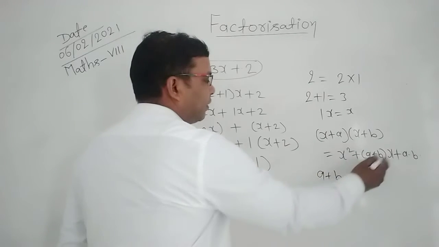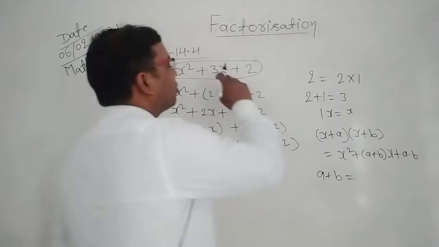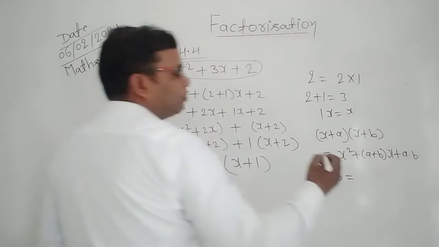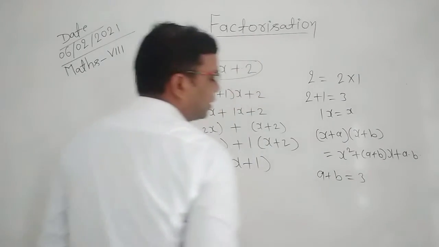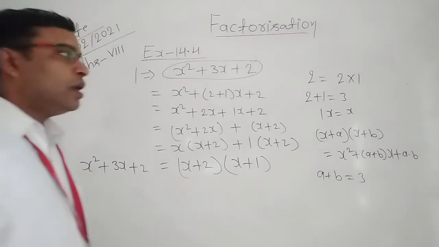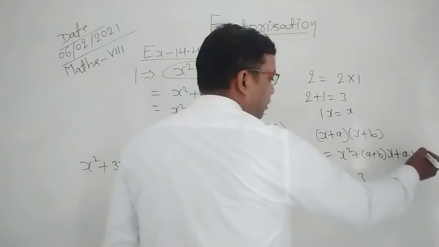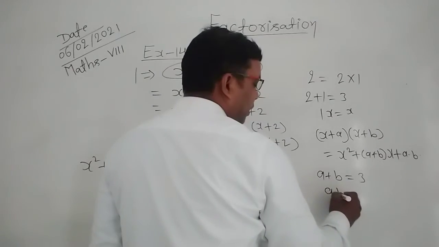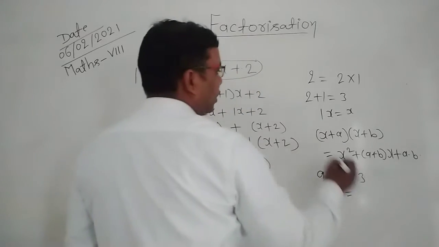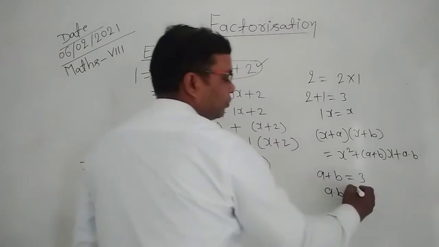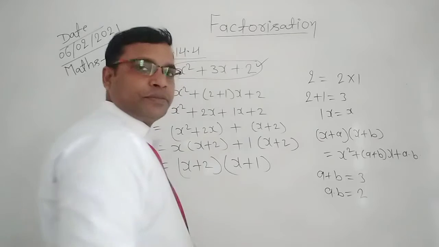The coefficient of the variable here is a plus b and the coefficient of the variable is here 3. So if you compare this, then you get a plus b is equal to 3, and the constant term here is a into b. Here the constant term is 2, so you can write here 2. This is clear?